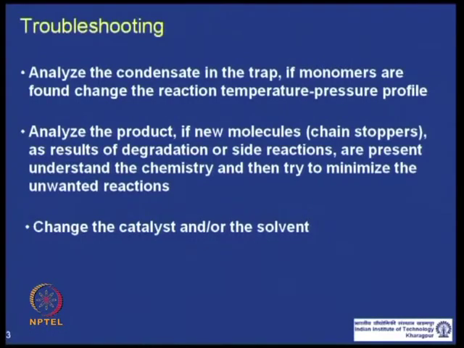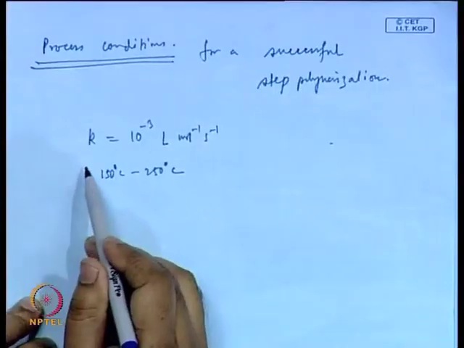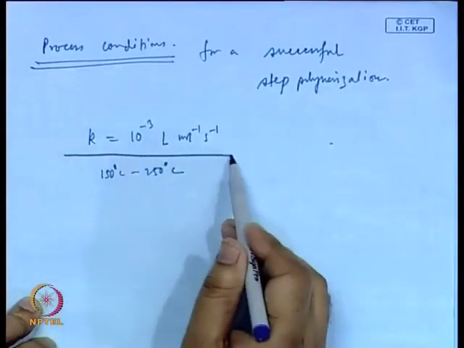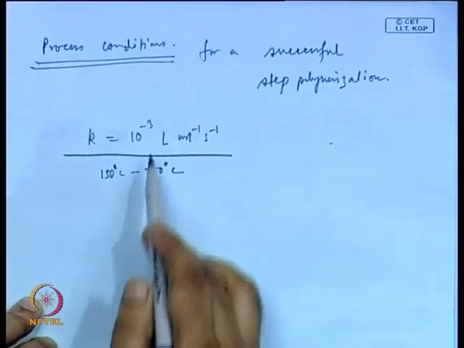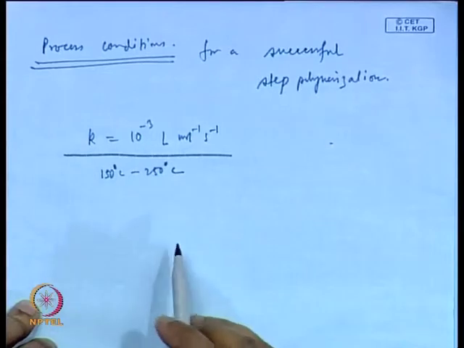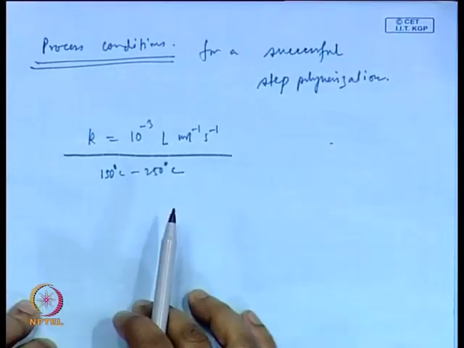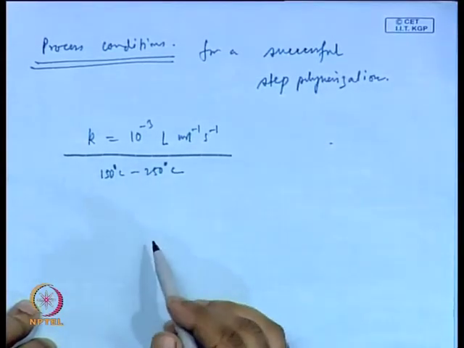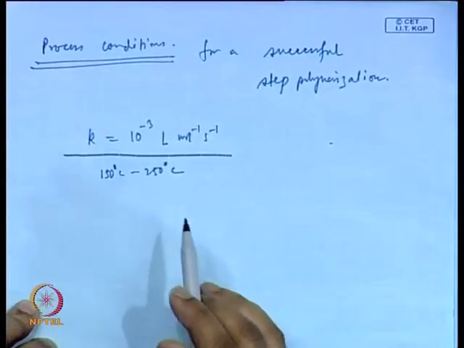Now, let us go back to the last lecture. We talked about the rate constant K for step polymerization being quite low, 10 to the minus 3 liter per mole per second. Now, there are a few exceptions, actually very few.